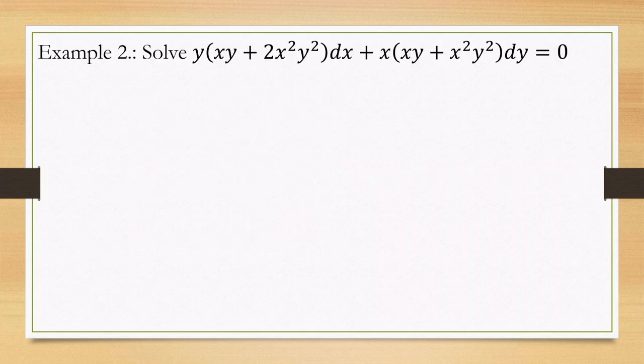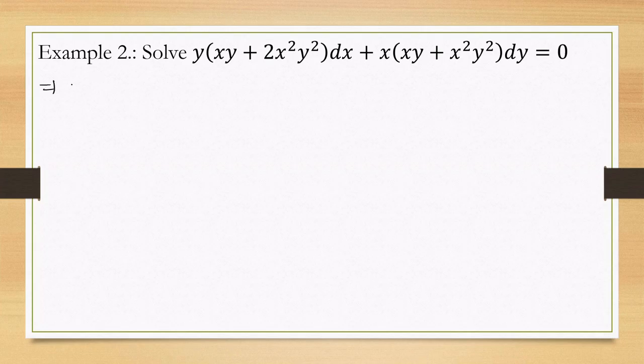Okay. Now let us see the second example on that. So what is the second example? Solve y xy plus 2 x square y square dx plus x xy plus x square y dy is equal to 0. First of all, can we write now here?